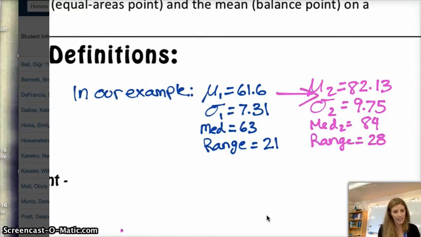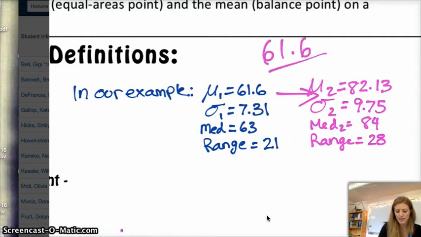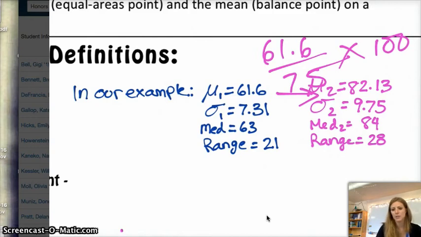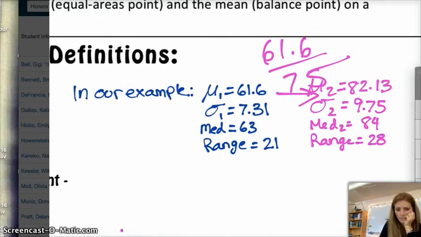And if you check it, 61.6 divided by 75, which is what our total score was, times 100, will be 82. So what you're seeing is that when you multiply or divide data by a constant, your mean will also be multiplied or divided by that constant as well.